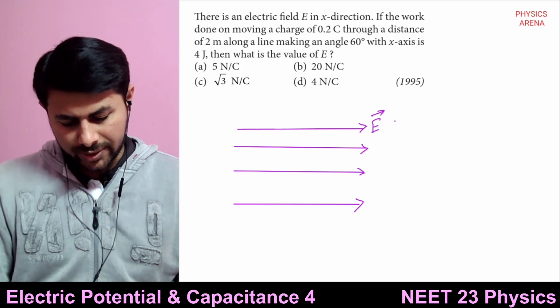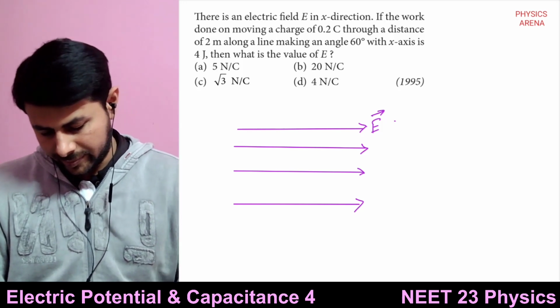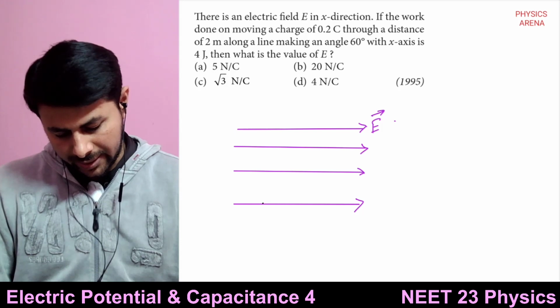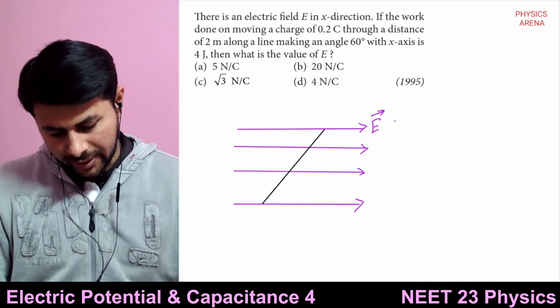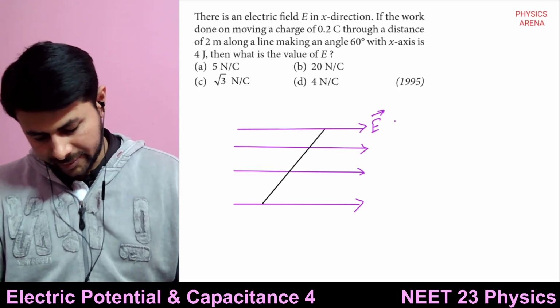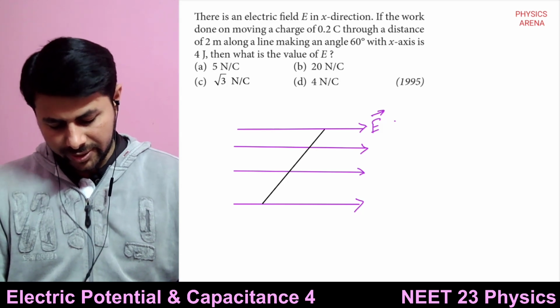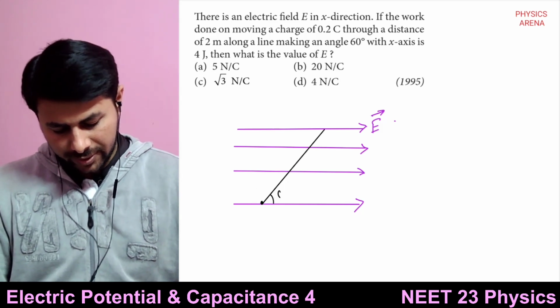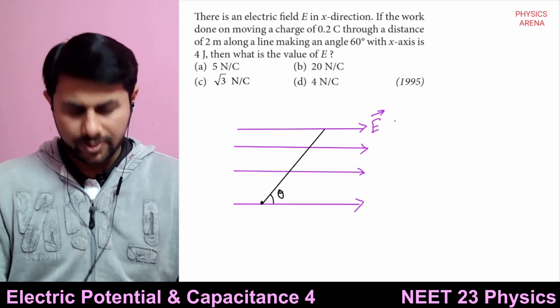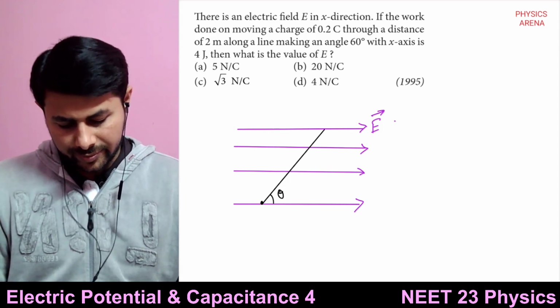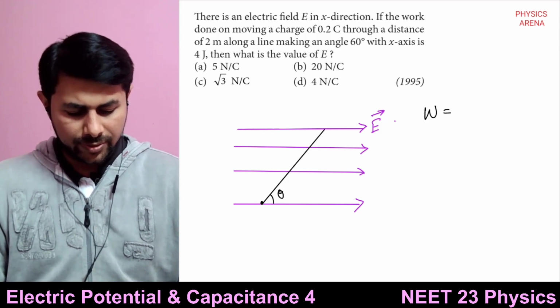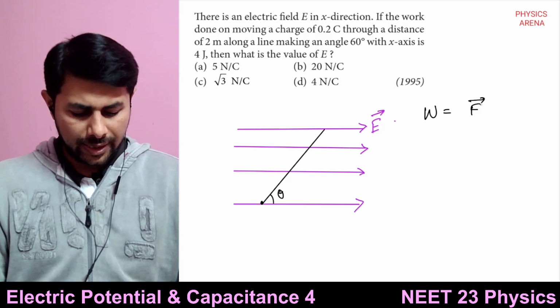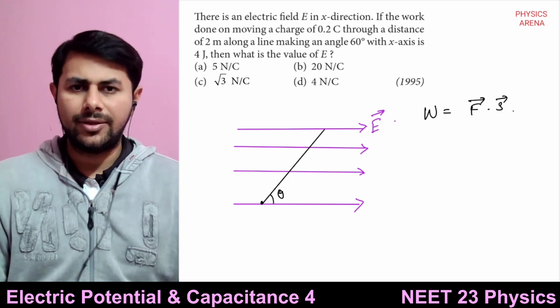And you move a charge through a distance of 2 meter. So charge is moved like this at an angle 60 degrees. Okay. So this distance is suppose 2 meters. This is theta. So how much will be the work done? We know work done is equal to F bar dot S bar.